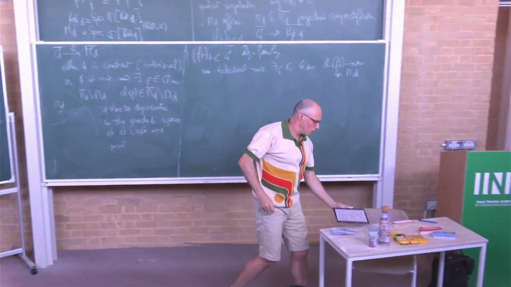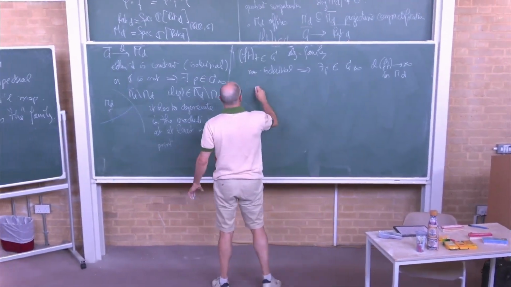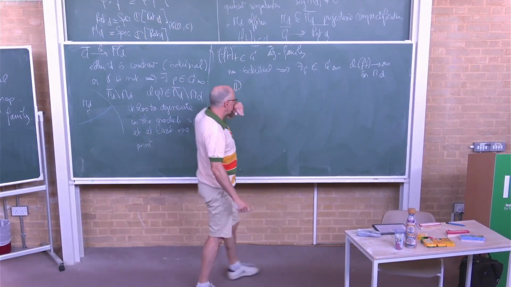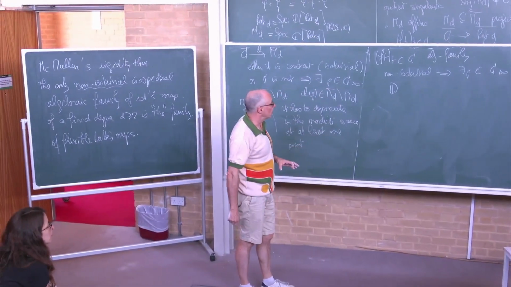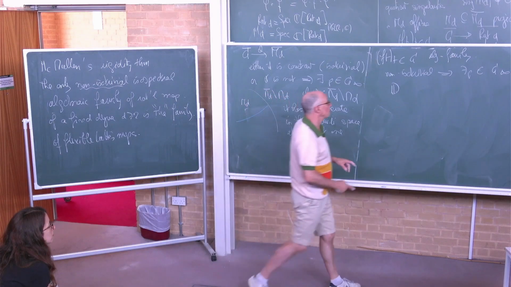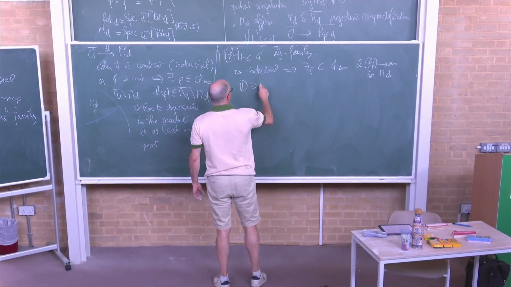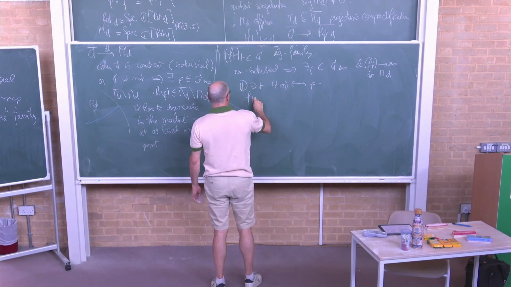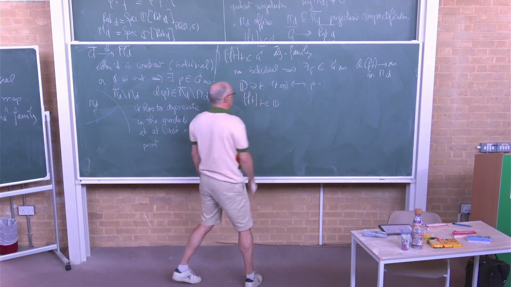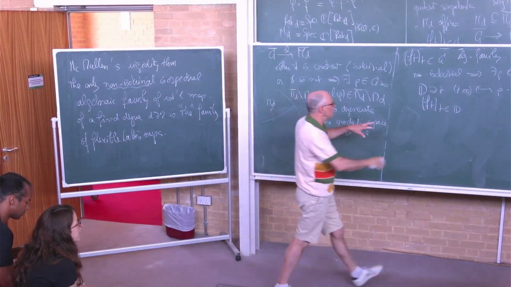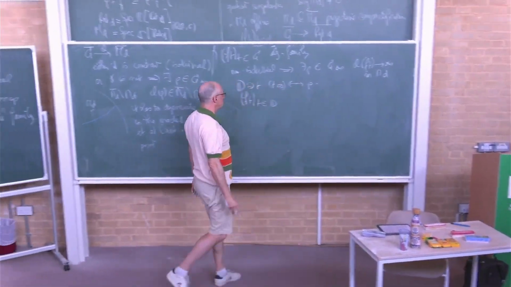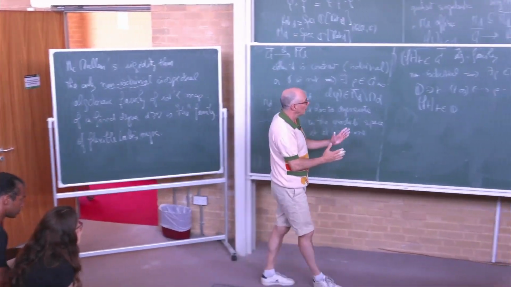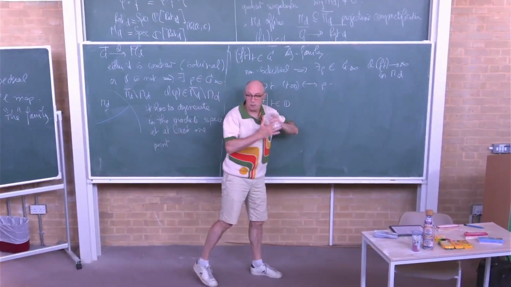And so what I'm going to do is choose a holomorphic disk centered at P in C, a local holomorphic parametrization, so t equal to 0 will correspond to the point P. And I'm going to work with this family now. Don't be confused by the t here and the t there. I'm going to look at the holomorphic family in a neighborhood of that point where I know that things are going to degenerate.